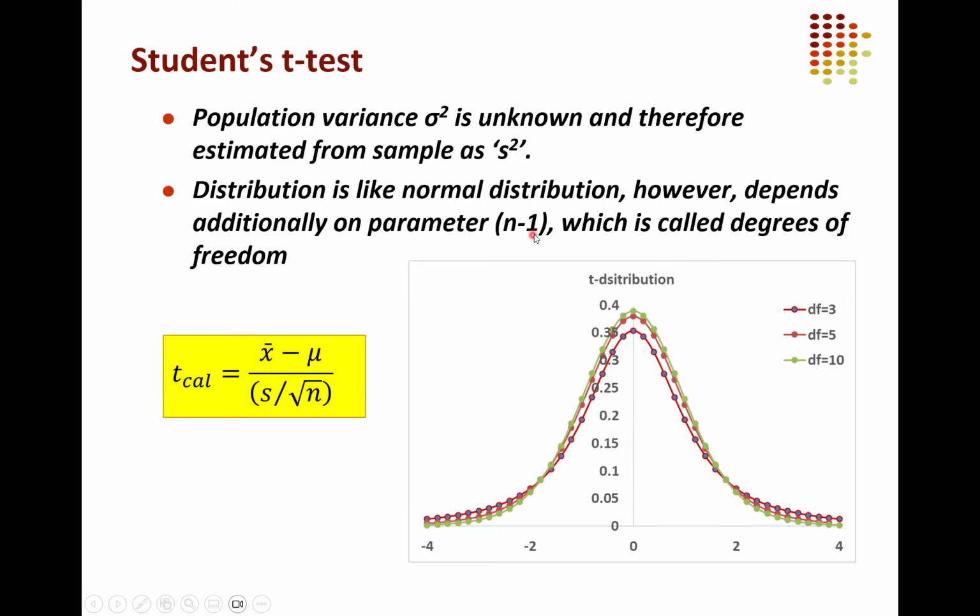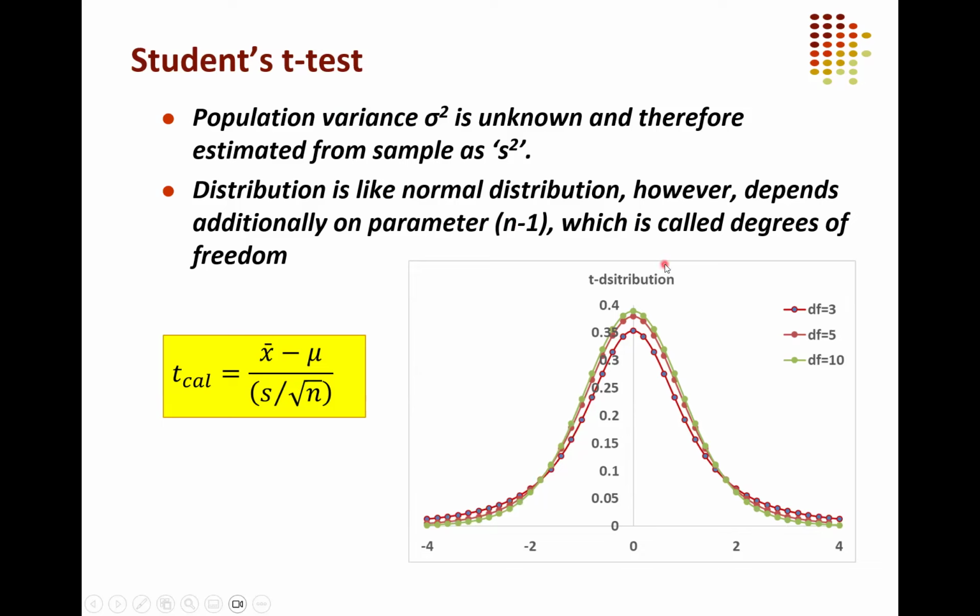And this is to emphasize that one parameter has been estimated from the sample itself. So in this statistical inference, we are using the inferences of mean. However, in this process, instead of population variance, we are going to use the sample variance. Therefore, the degrees of freedom are n minus 1.